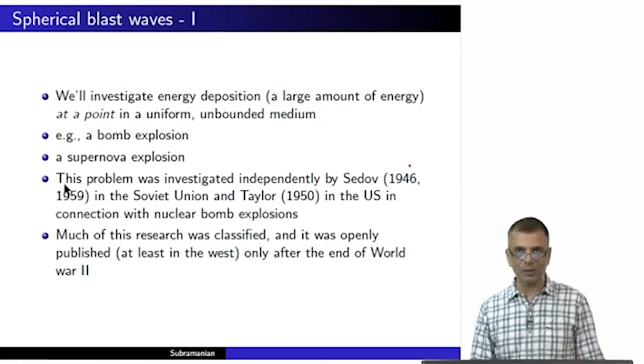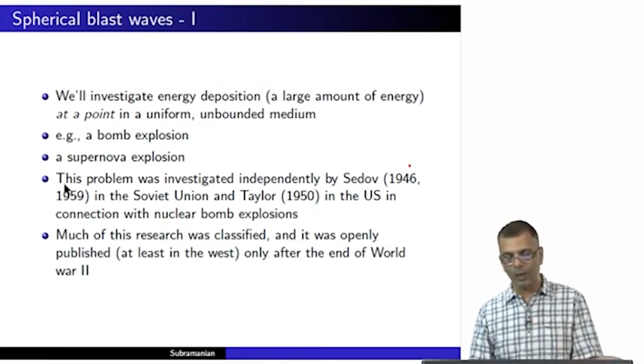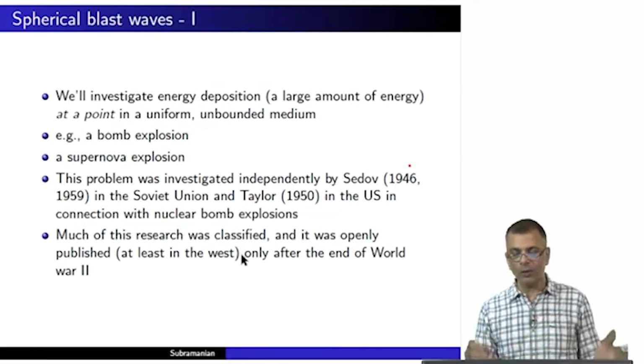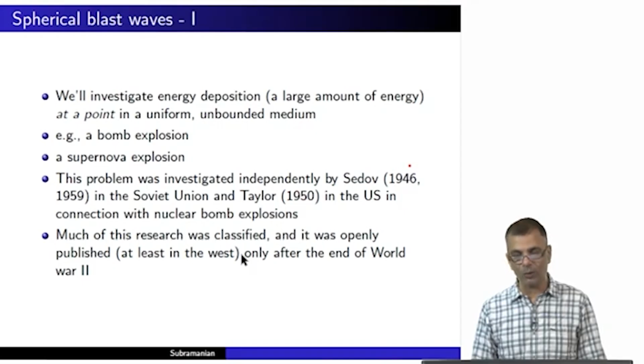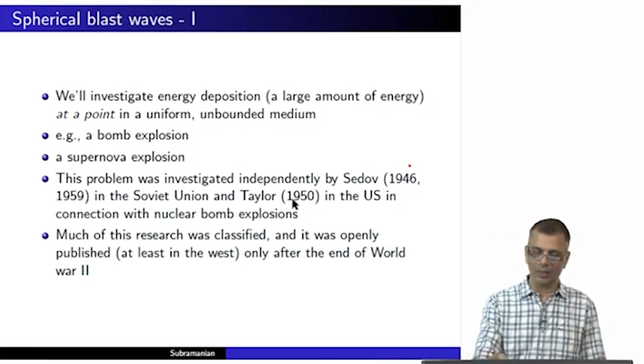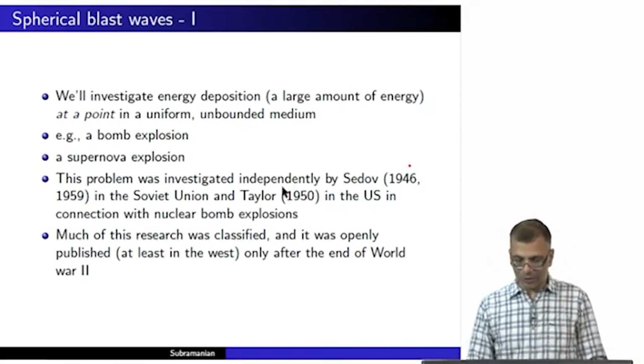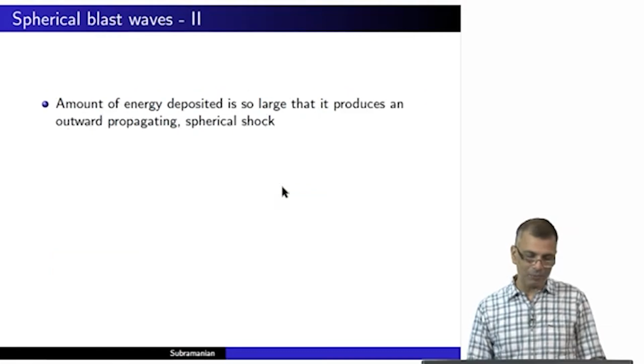Although this research was mostly theoretical, nonetheless, the application was to bomb explosions, and therefore it was openly published, at least in the West, only after the end of World War II. And World War II ended around 1945, right? So you can see that the publication took place in 1950. So this is a little bit of history.